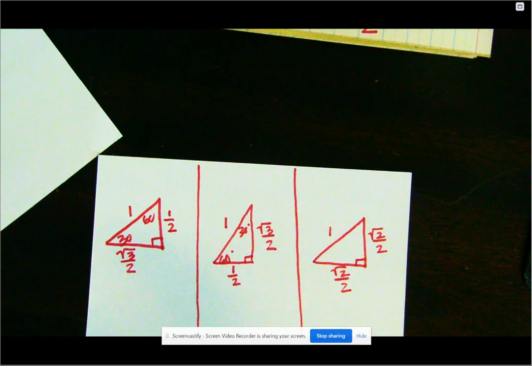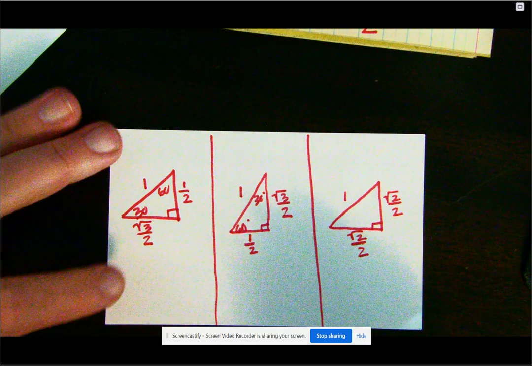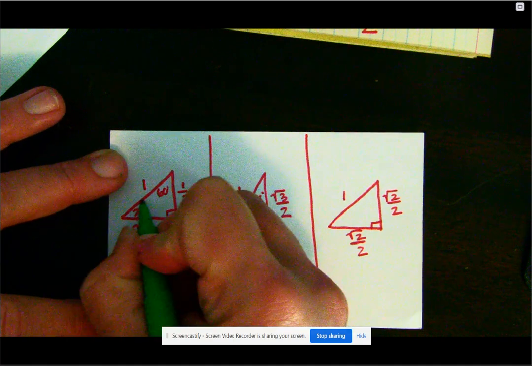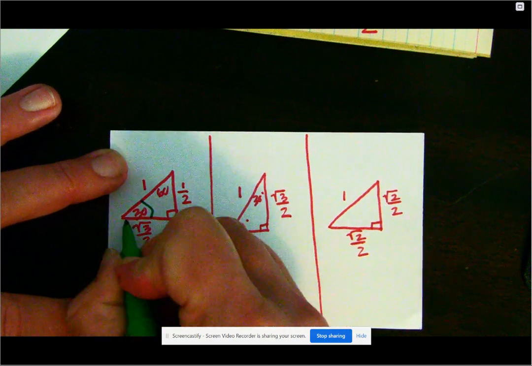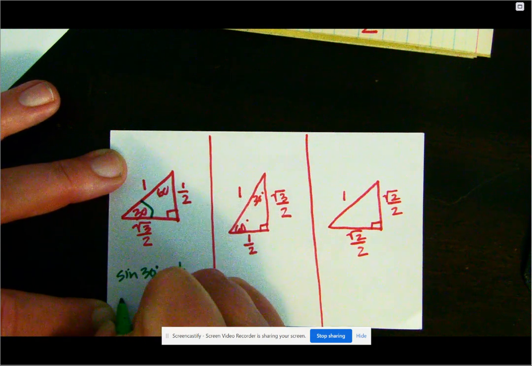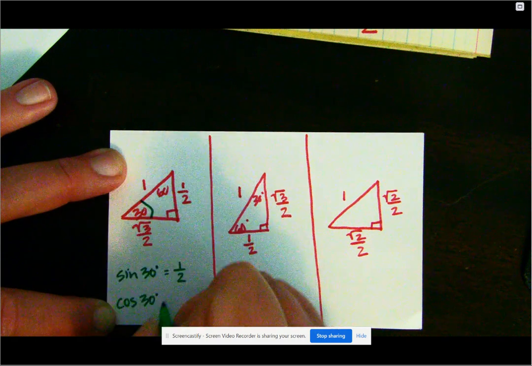And that will be helpful when you're making the unit circle, so you can quickly use our sine and cosine ratios to say, okay, the sine of 30 degrees is opposite over hypotenuse, 1/2. The cosine of 30 degrees is adjacent over hypotenuse.